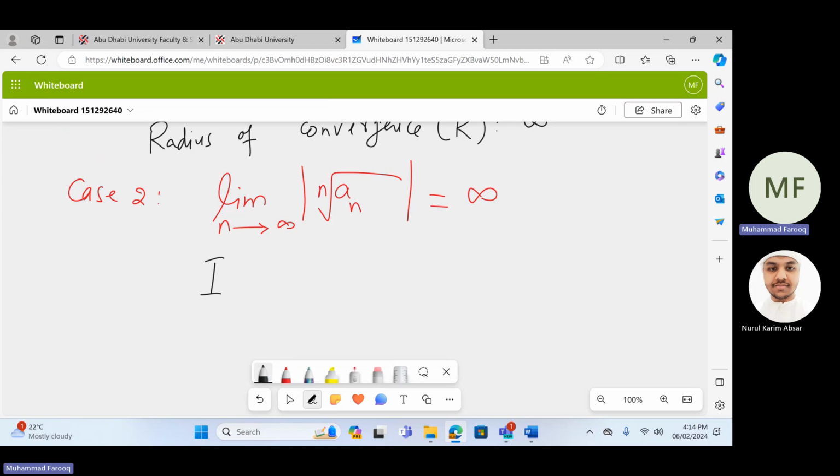That point is basically C. What did I tell you about C? It is the point about which the series is centered.